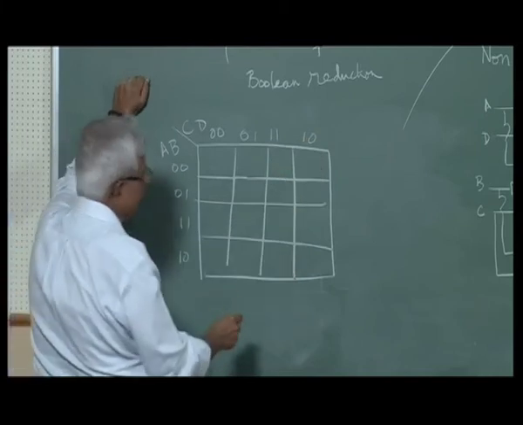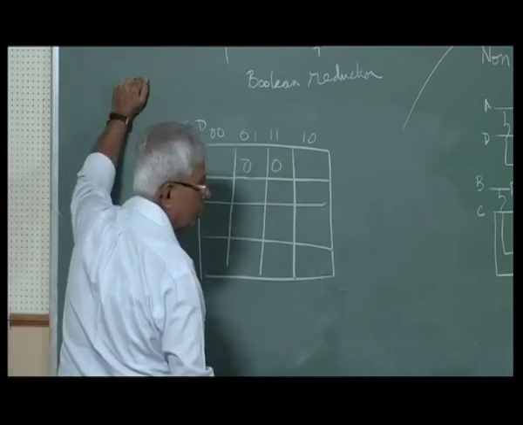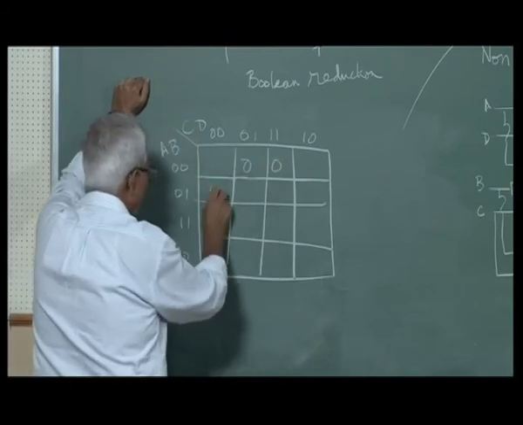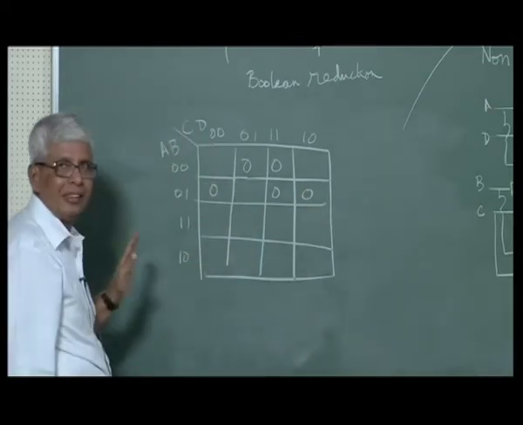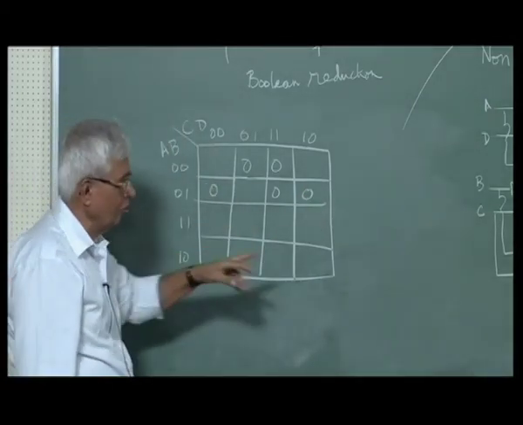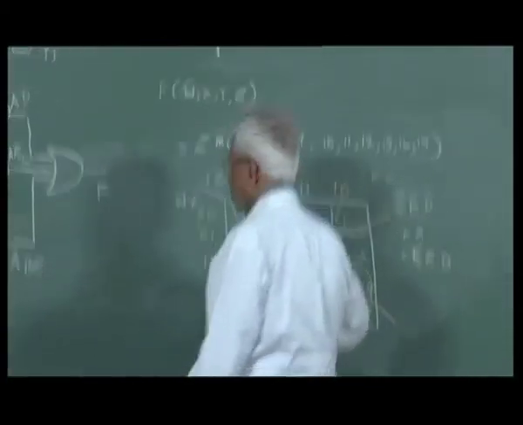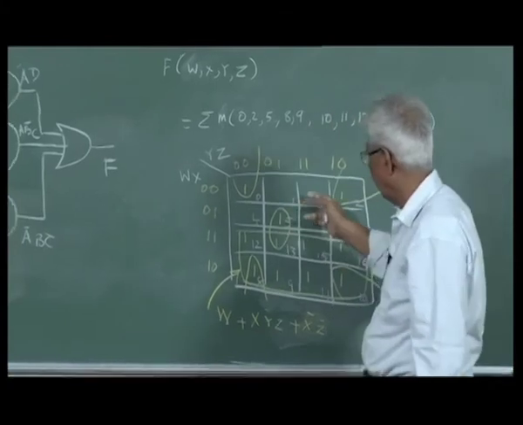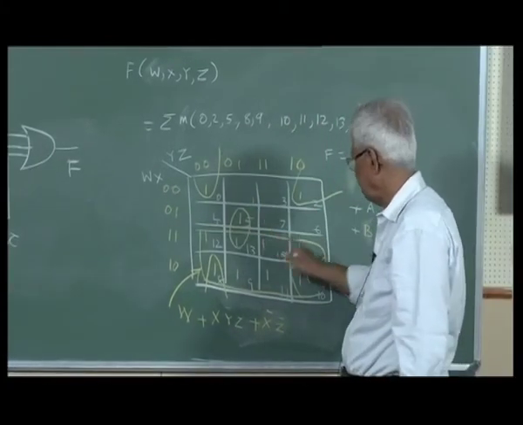Now this was a 0, 0, 0, 0, 0, all of them ones. See, wherever 1 was there I left it, wherever there is no 1 I put a 0.